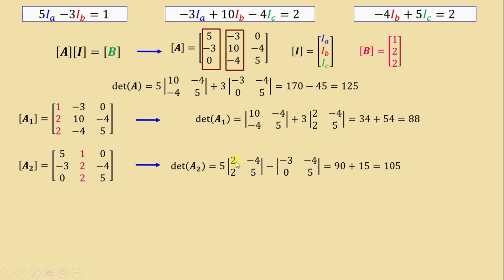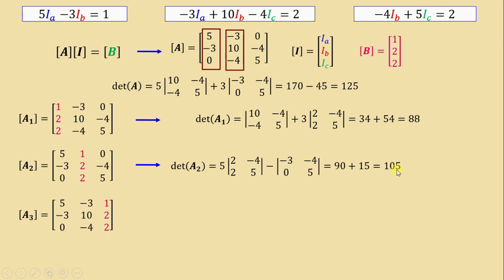We obtain this. Finally, we have determinant of A2, 2 multiplied by 5 minus 2 multiplying negative 4 multiplying by 5, that's 90. We have negative 3 multiplying by 5 minus 0 multiplying by negative 4, we obtain plus 15. Finally, determinant of A2 is 105.